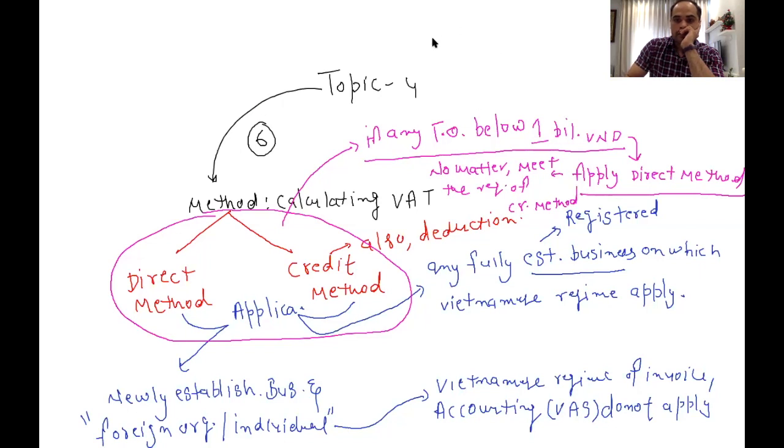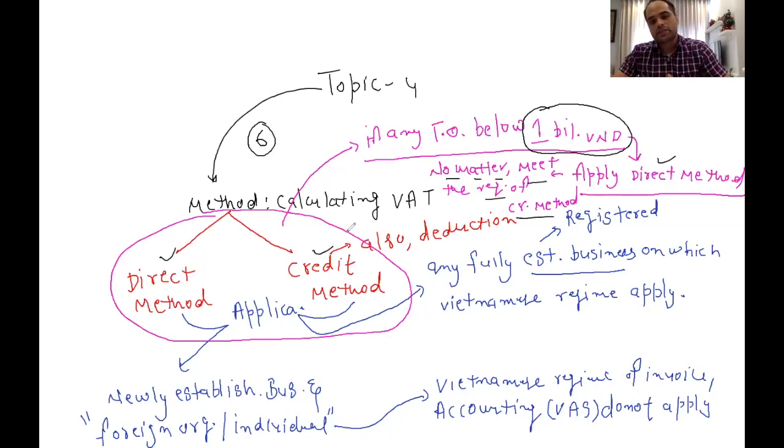Any kinds of business which has less than 1 billion Vietnam dong turnover, of course we apply the direct method, no matter if it meets the requirements of the credit method, which are here.